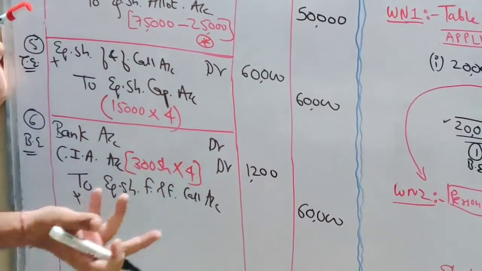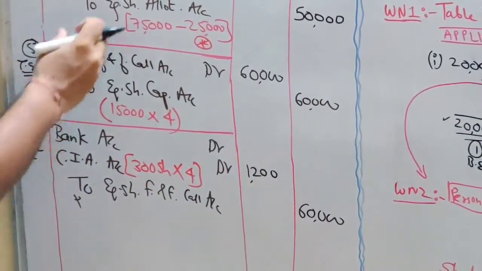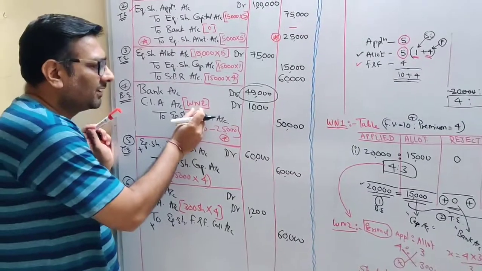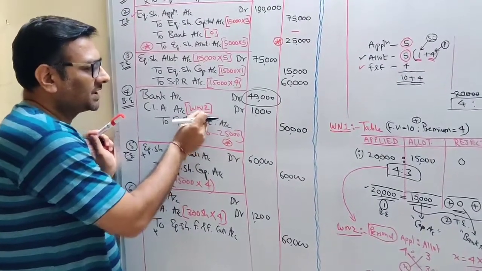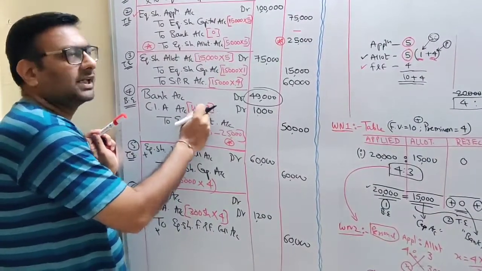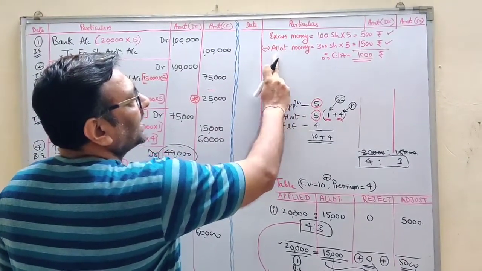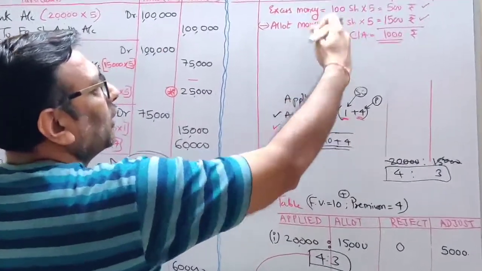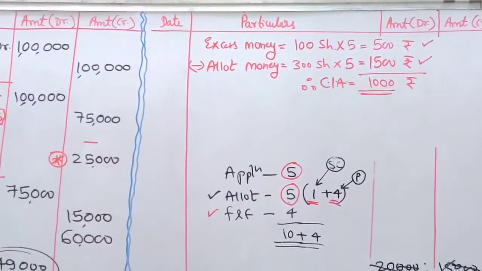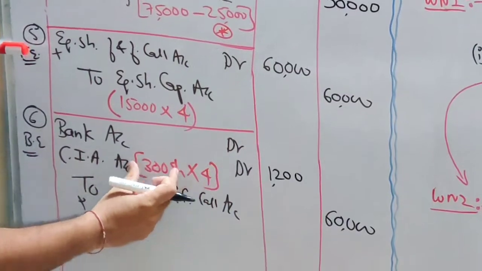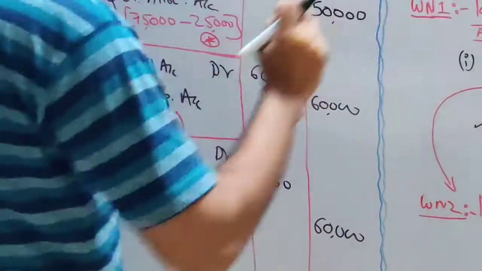Now you will be thinking, students, why didn't we make a working note again here? Because there is no excess money left. When do we do this working note to find the arrear money? Whenever we need to adjust excess money. See, in working note 2, we had to adjust excess money against the allotment money. So we already adjusted it. Now there is no more excess money. So you can directly write 300 shares allotted and we asked for 4 rupees.